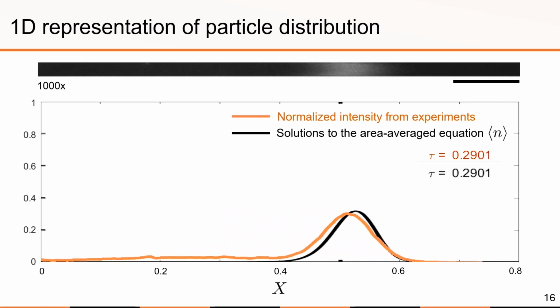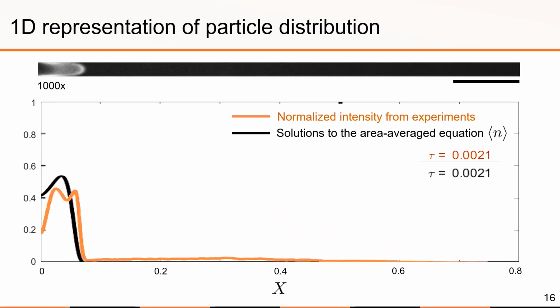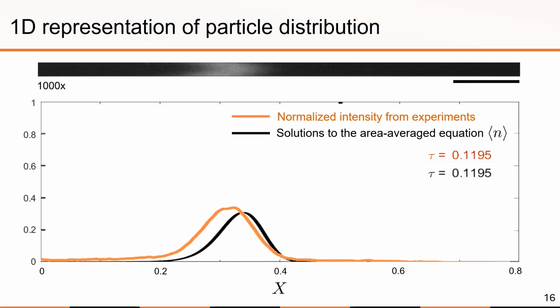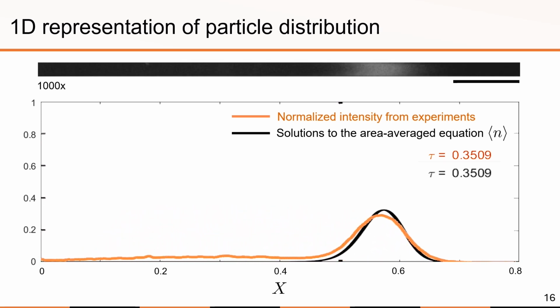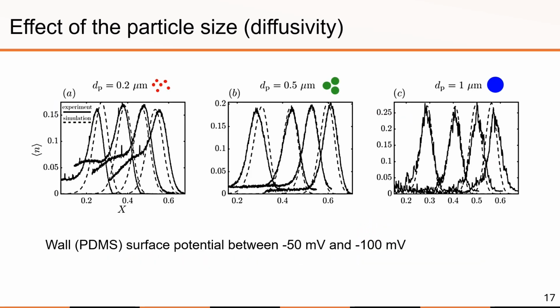Only by including the three-dimensional flow velocity can a correct particle distribution be obtained in the one-dimensional diffusiophoresis experiments in a three-dimensional pore. We also confirmed that our one-dimensional model with effective diffusivities predicts well the behavior of particles of different sizes or different diffusivities.